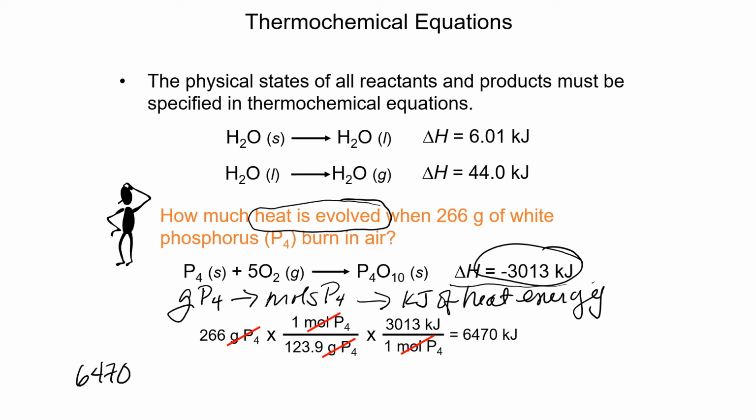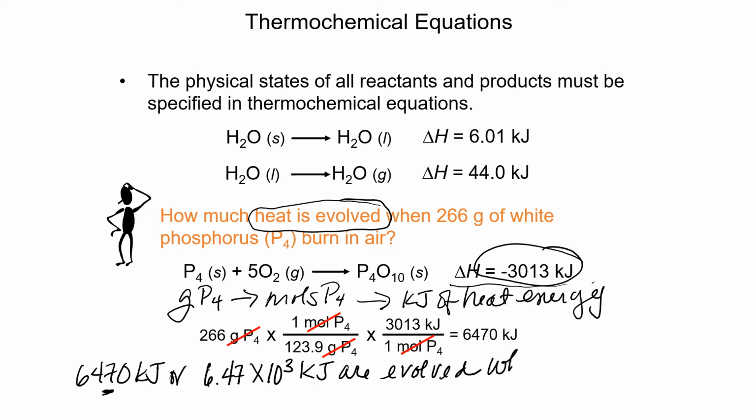So the right way to answer this question is 6,470 kilojoules, although I should note that we need 3 sig figs. So I'm just going to go ahead and write that in scientific notation. 6.47 times 10 to the third kilojoules are evolved when 266 grams of P4 are combusted.